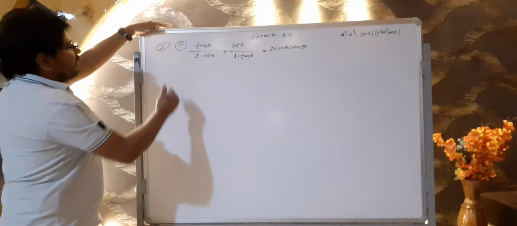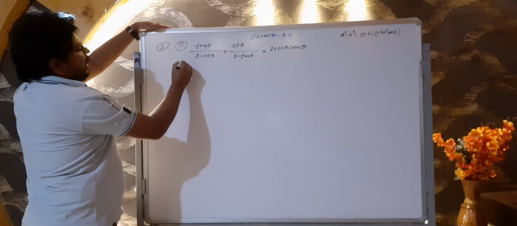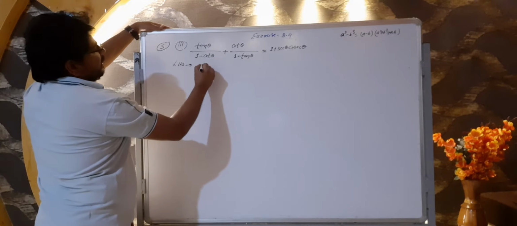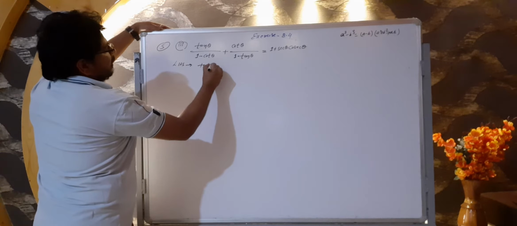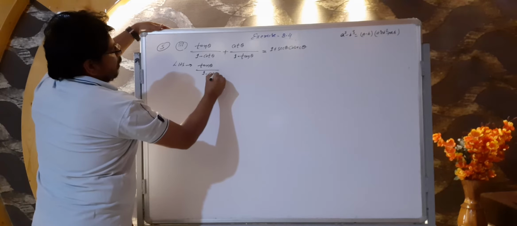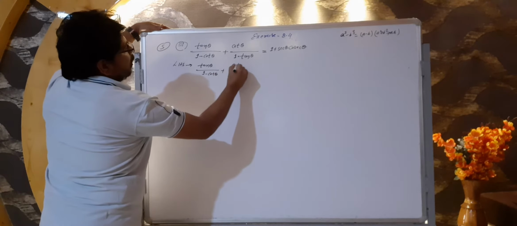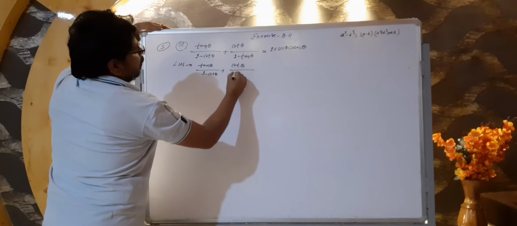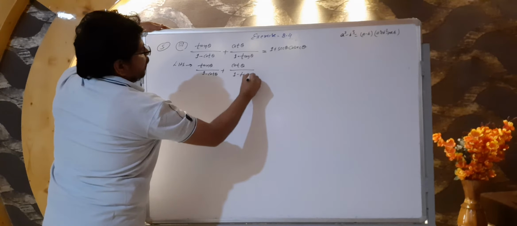So see here, what is our LHS? Our LHS, left hand side, is tan theta upon 1 minus cot theta plus cot theta upon 1 minus tan theta.